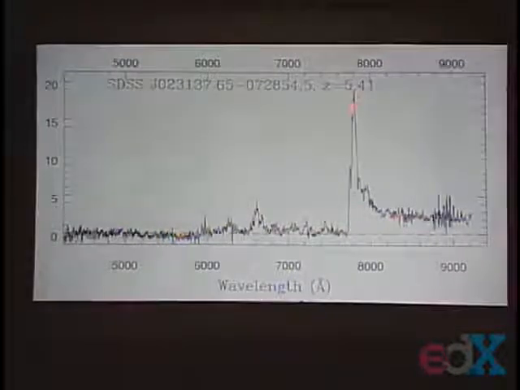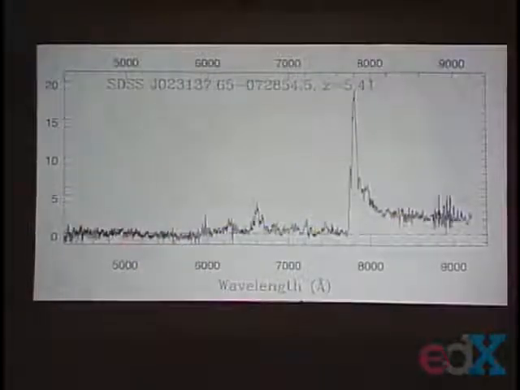And here you see an emission line at roughly 7,800 angstroms. And there are all reasons to believe that this, in the frame of reference of that quasar, was the Lyman alpha line, which is emitted by hydrogen, which is 1,216 angstroms.